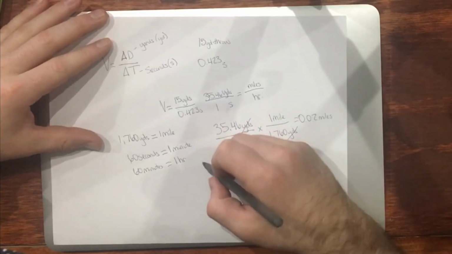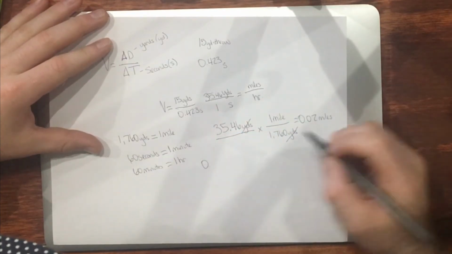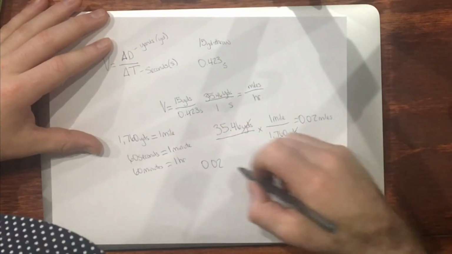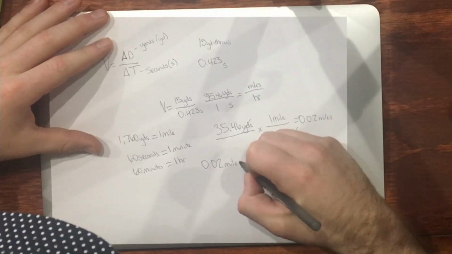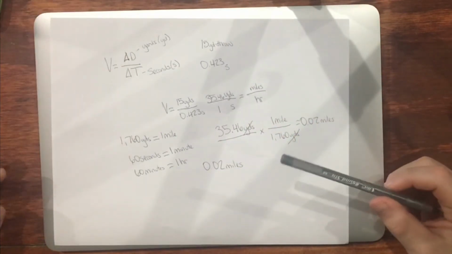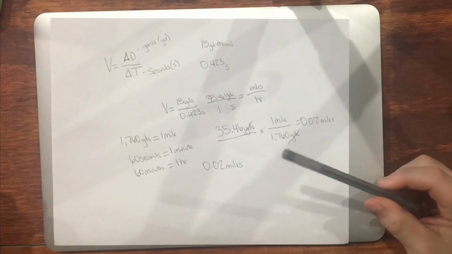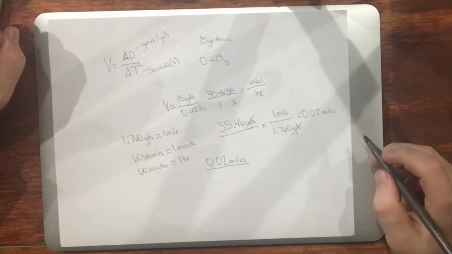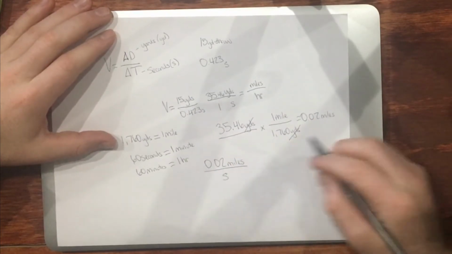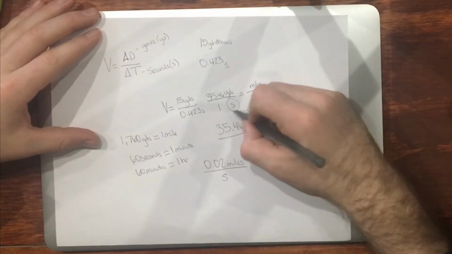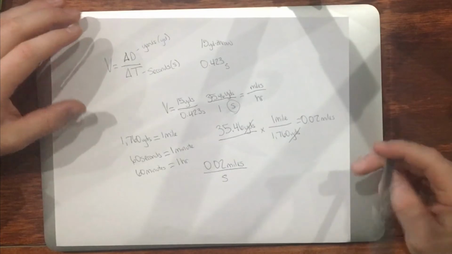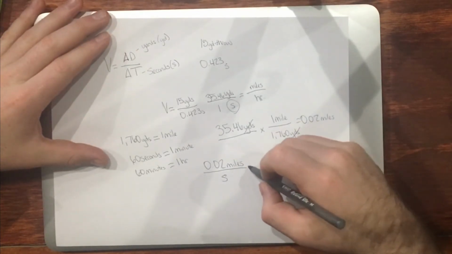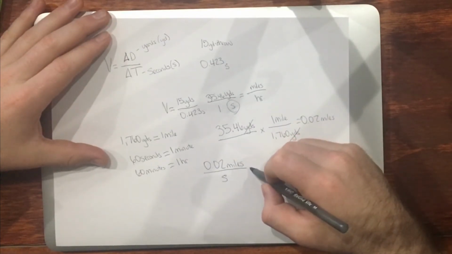So now that we know our miles, all we have to do is convert to hours. It's going to travel 0.02 miles per second, since we have not changed our time yet. So now we are going to calculate our numbers for minutes and hours.